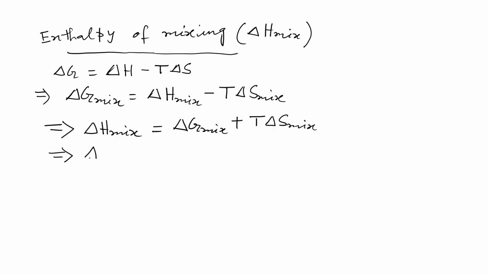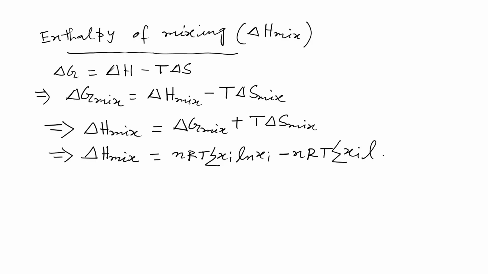Delta H mixing, or enthalpy of mixing, is equal to delta G mixing, which is nRT summation of xi ln xi, plus delta S mixing, which is minus nR, T is already there, then summation of xi ln xi, which I have just derived. So these are the same, which means this gets cancelled.